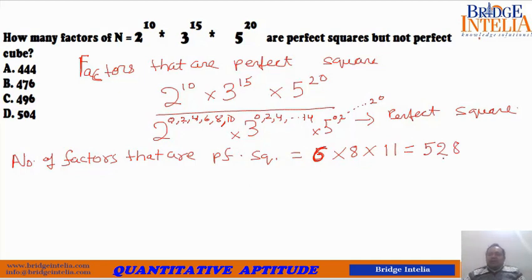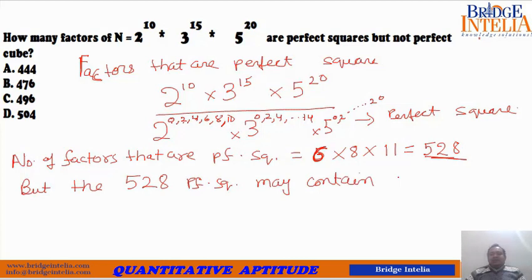But these 528 perfect squares may contain numbers that are perfect cubes as well.